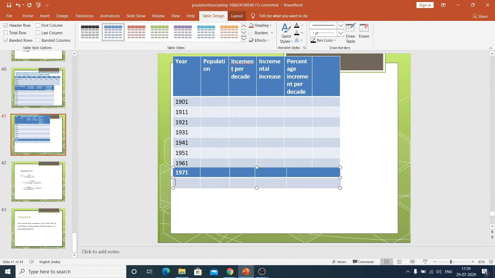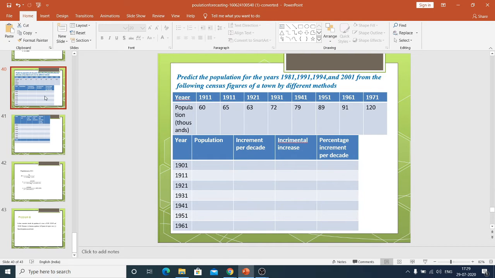1971. Right. So the population from the above problem you should take in thousands.